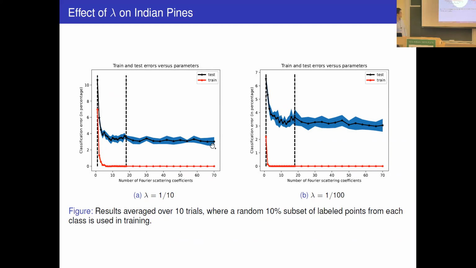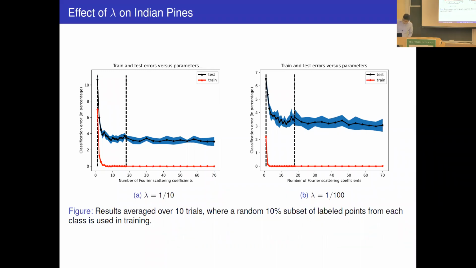If I take all coefficients up to order 2, it's about 3%, maybe a little over 3. And if I decrease lambda even more, I fit the training data even faster, but I still generalize well. The training error is even around 3%.